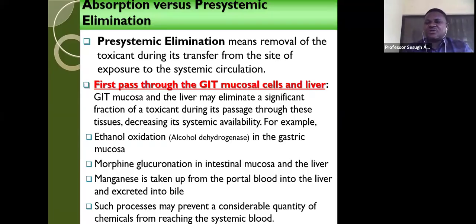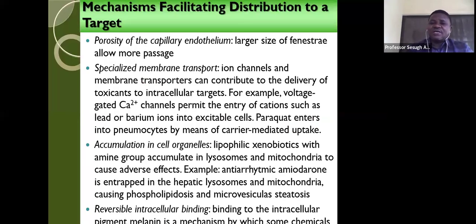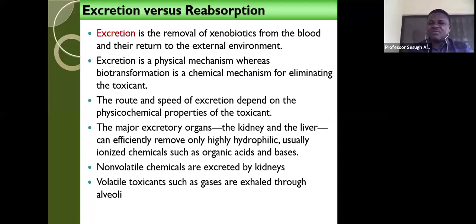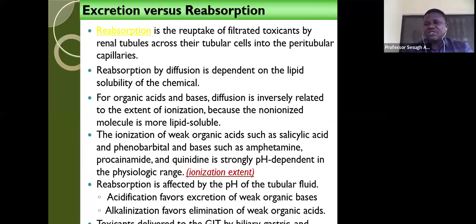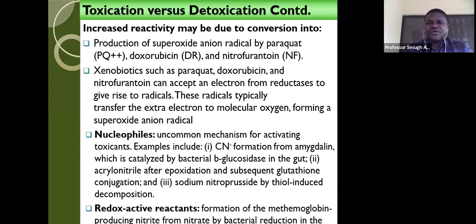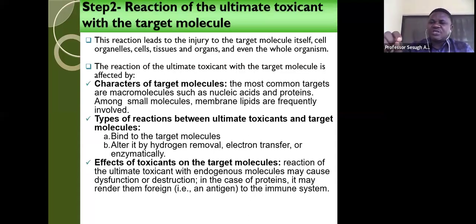So this reaction usually leads to injury, because there's no way a toxic chemical will come in contact with a target molecule and not cause injury. It is not common. So this reaction leads to injury to the target molecule itself, the cell organelles, the cells, the tissues, organs, and even the whole organism.